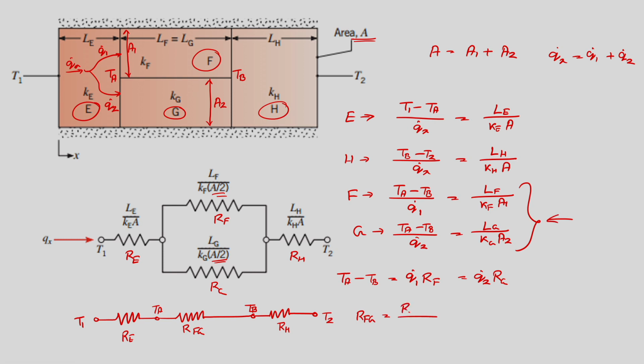From there we can directly write that it will be equal to R F into R G by R F plus R G. Accordingly, the equivalent resistance for this entire circuit will be equal to R E plus this R FG plus R H, that is R E plus R F into R G by R F plus R G, plus R H. So, this is the equivalent resistance for this circuit where two resistances are connected in parallel.